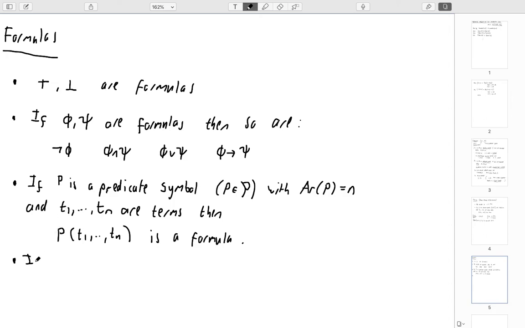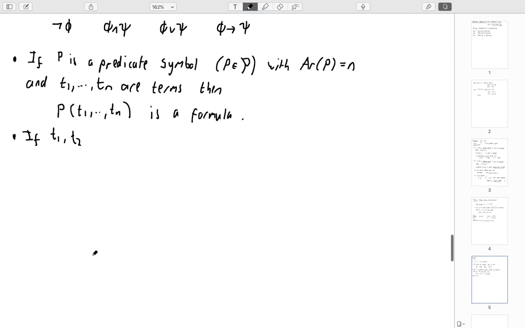So we just need to say: whenever we've got two terms, if T1 and T2 are terms, then there's a formula, T1 equals T2, expressing that T1 and T2 denote, that is, represent equal elements of the universe.